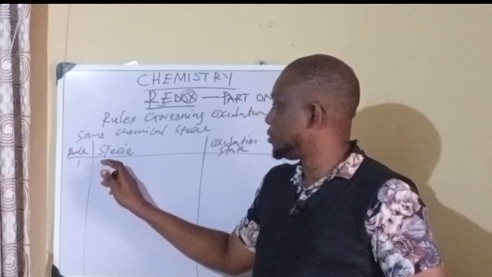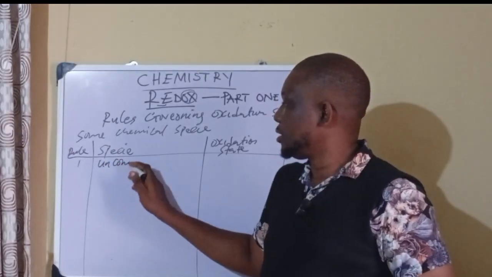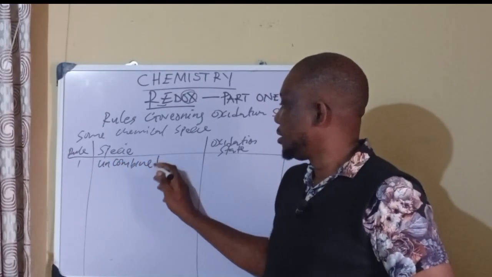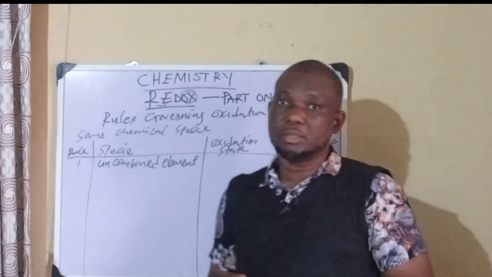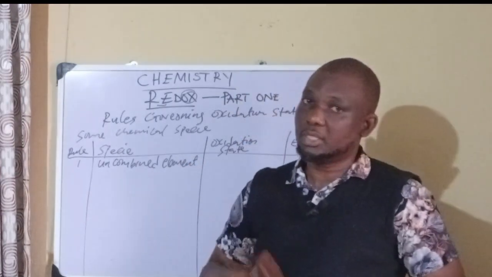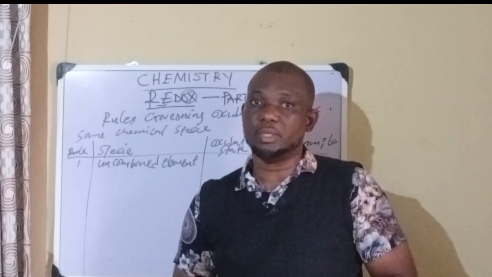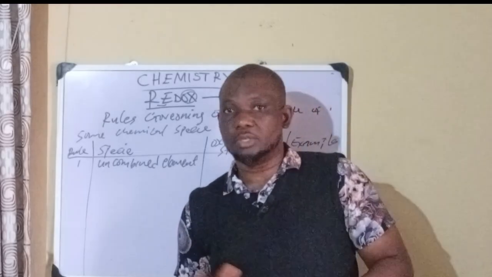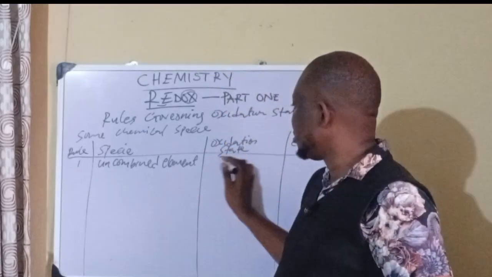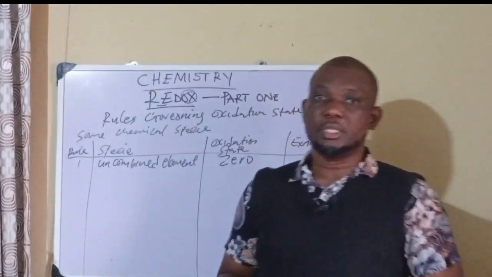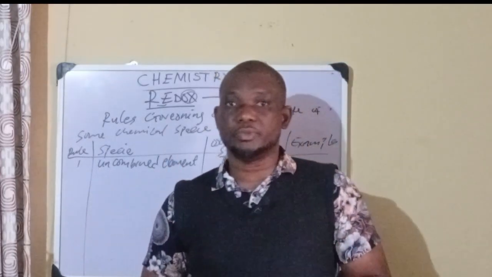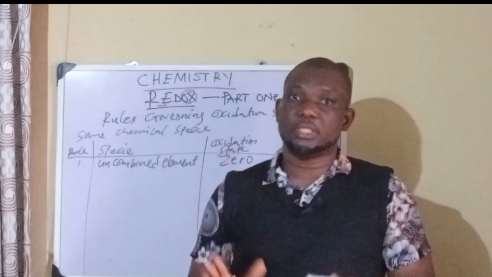So the first rule is the species we are looking at is uncombined elements. So if an element is not combined, maybe a free element, a single element, the oxidation number of a single element is just 0. So if you go to your periodic table, all the 118 elements in the periodic table all have an oxidation number of 0, by the fact that they are just an element.